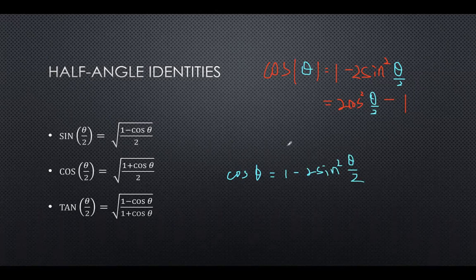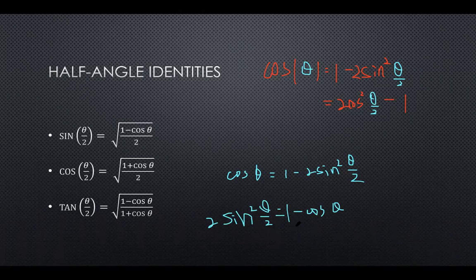So we move the cosine theta to the right, you have 1 minus cosine theta, and the 2 sine square theta over 2 to the left.